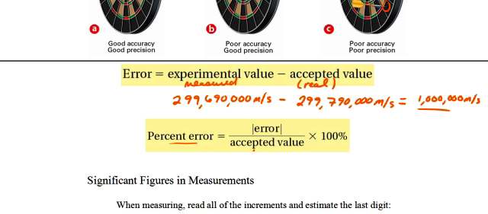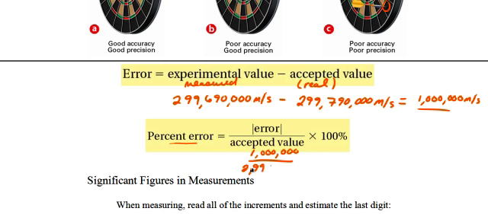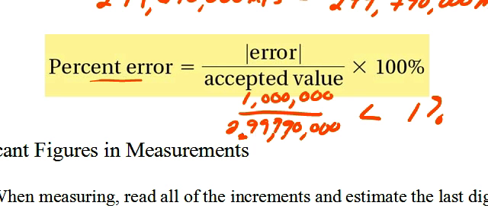If you take your error, which is 1 million, and divide that by the actual value, which is 299 million, 790,000, you have a value that's going to be less than 1% error. You're actually very accurate. Okay, we're approaching the 9 minutes. We'll get back in just a second.